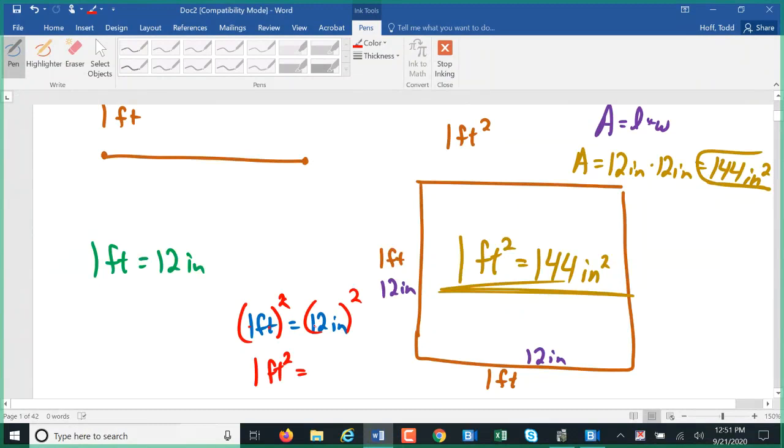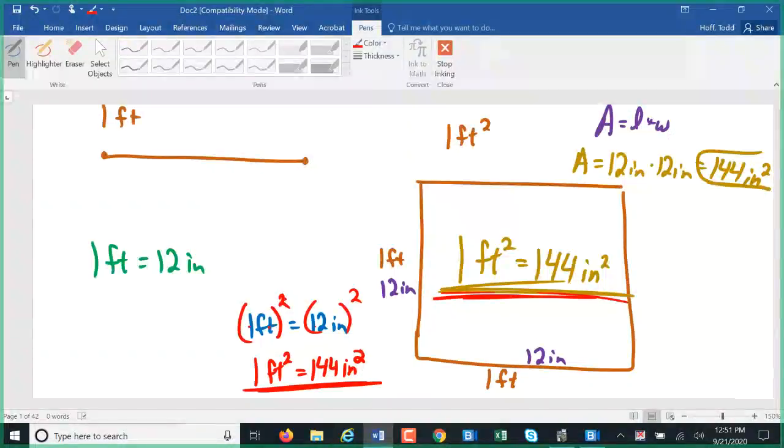For the inches, 12 squared is 144, inches squared is inches squared. That's another way of remembering that conversion, it's just the linear conversion, 12 inches in a foot, squared to be 144 square inches in a square foot.